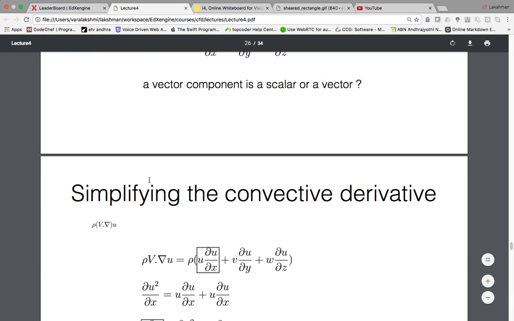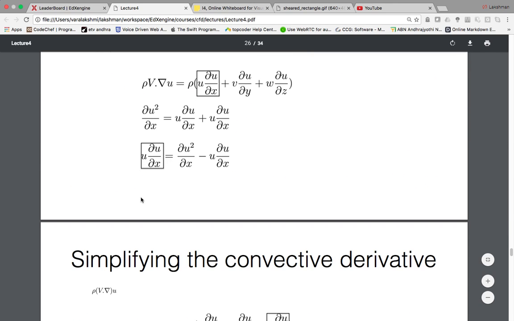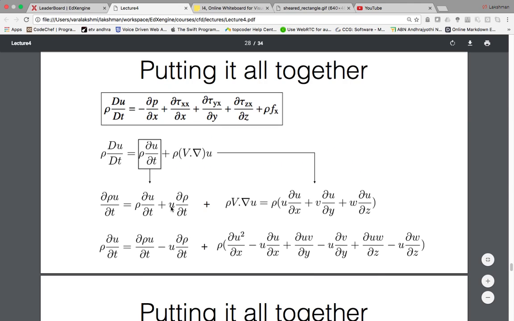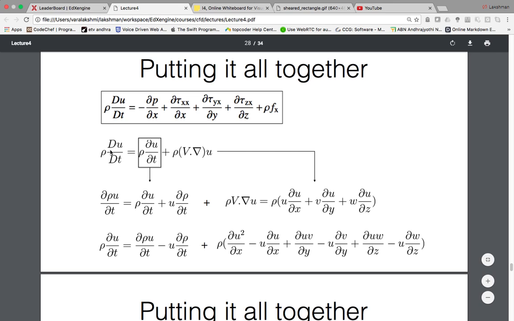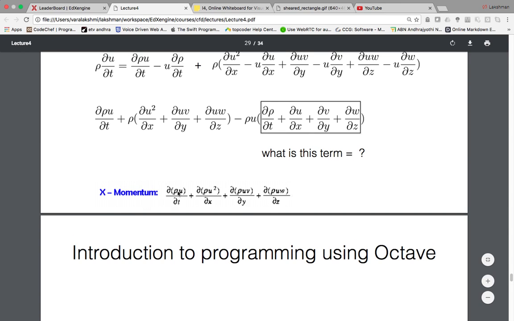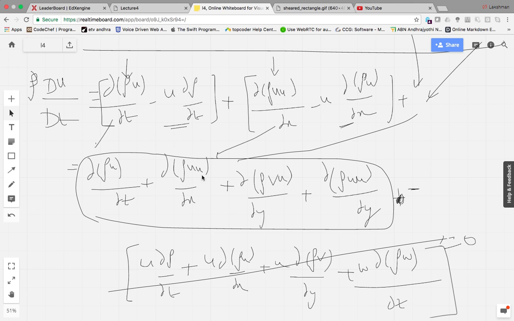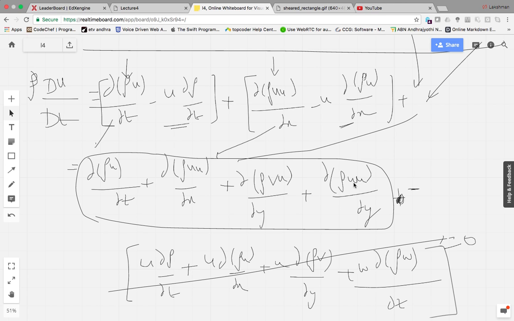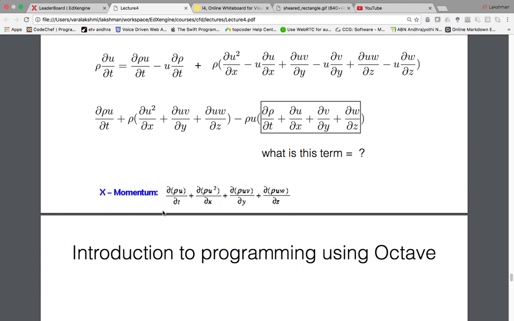Whatever is presented here is exactly what I derived. So when you put it all together, you get rho du by dt is equal to this complete term. There is an expression here: del rho u by del t plus rho u square, rho u times u, plus rho u v and rho u w.